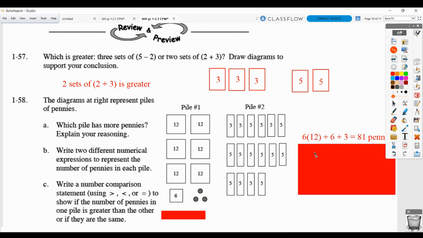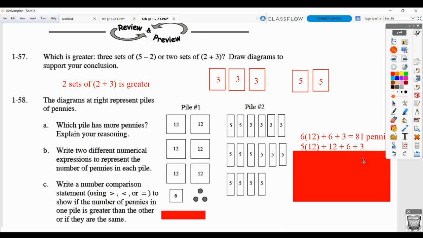So one way we could write that is to figure out the amount of pennies. 6 times 12 plus 6 plus 3, which equals 81 pennies. Another way we could have written that expression would be 5 groups of 12 plus an extra 12 plus 6 plus 3. And of course, there's other ways you could write it as well, but you need to have at least 2 different numerical expressions.